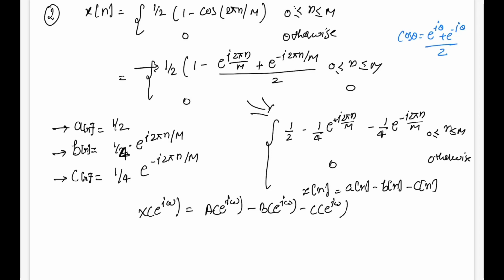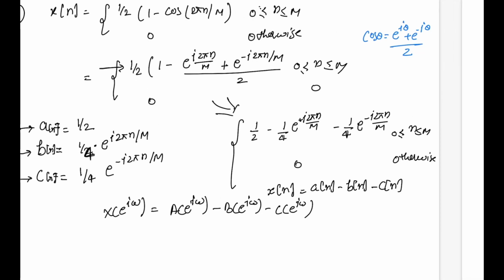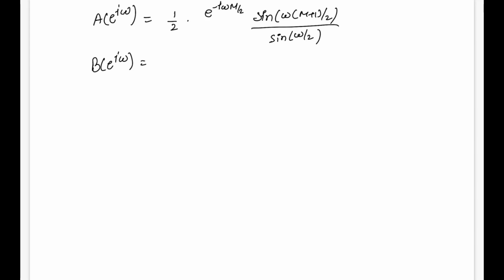So to calculate B(e^jω), we know that there is a property that we have learnt in the previous lecture, that if the Fourier transform of x[n] is X(e^jω), then the Fourier transform of x[n] into e to the jω naught n is what?